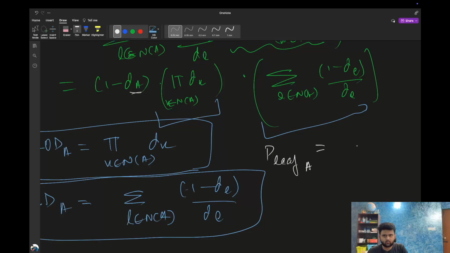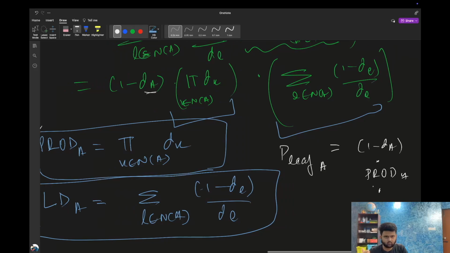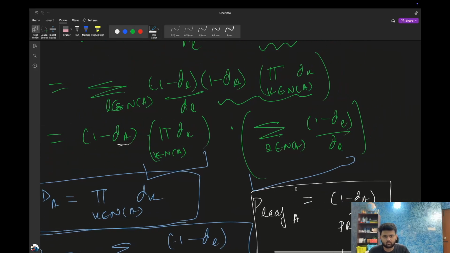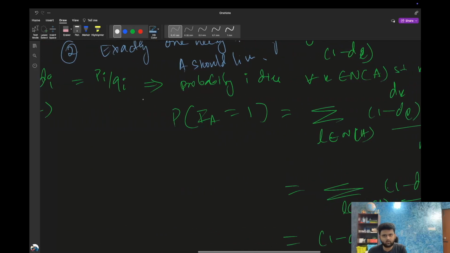to be 1 minus DA times prod A times LDA. Now we have this, and this is also equal to probability of IA equals 1.